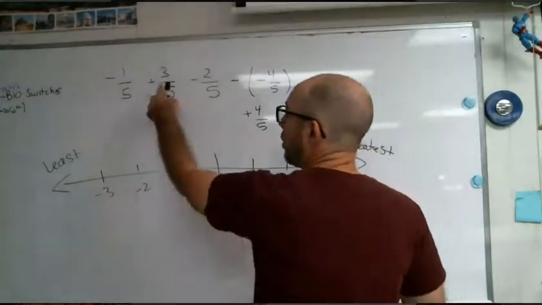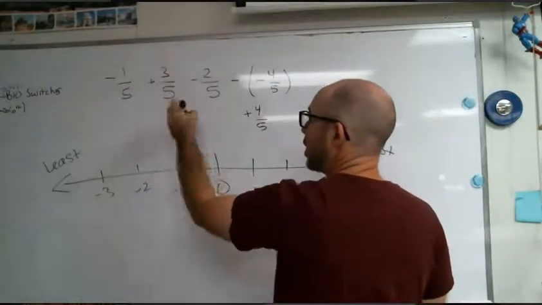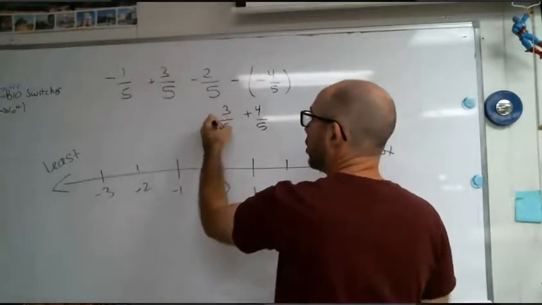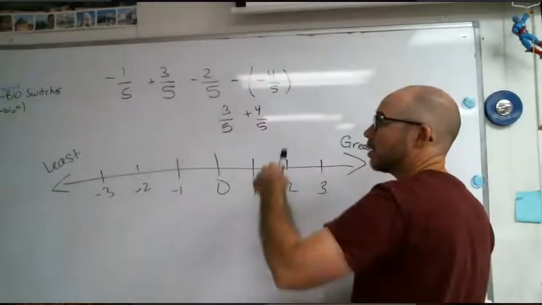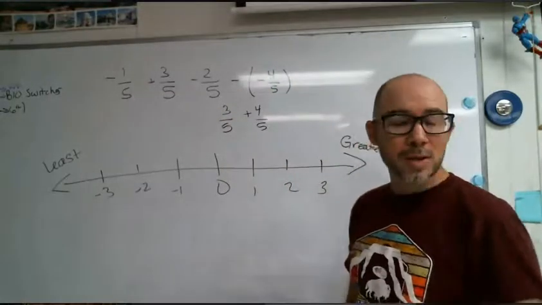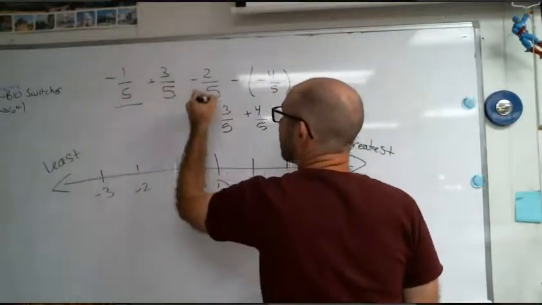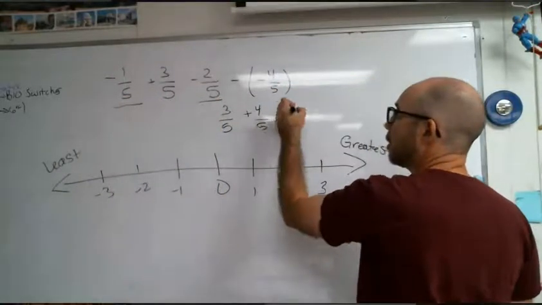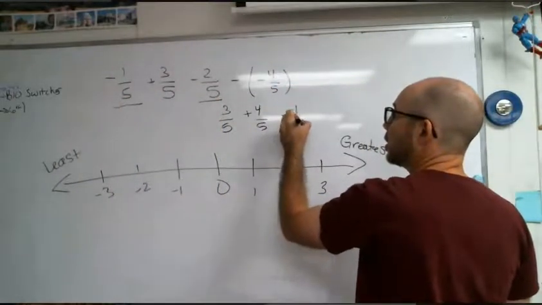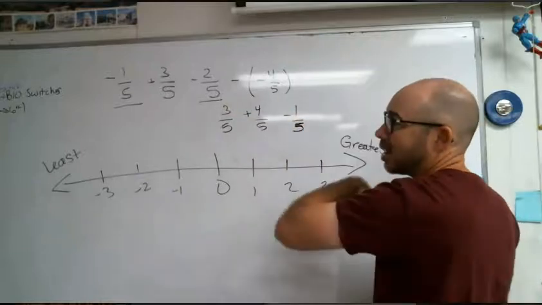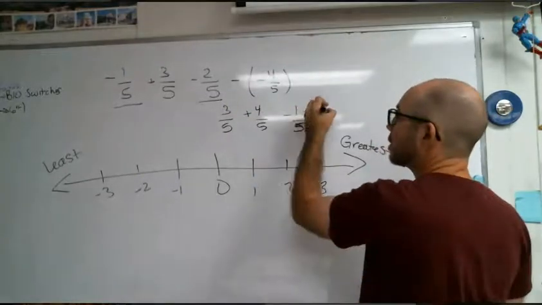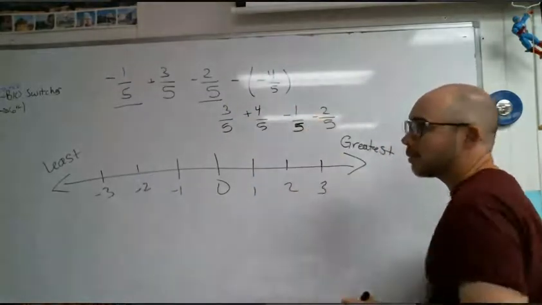So this is a positive 3/5. I'm going to put it right here next to my new positive 4/5, so I have 3/5 plus 4/5. Then I'm going to take my two negative pieces and put them over here. I like putting the negatives last because it's more convenient for subtraction, if that existed anymore.